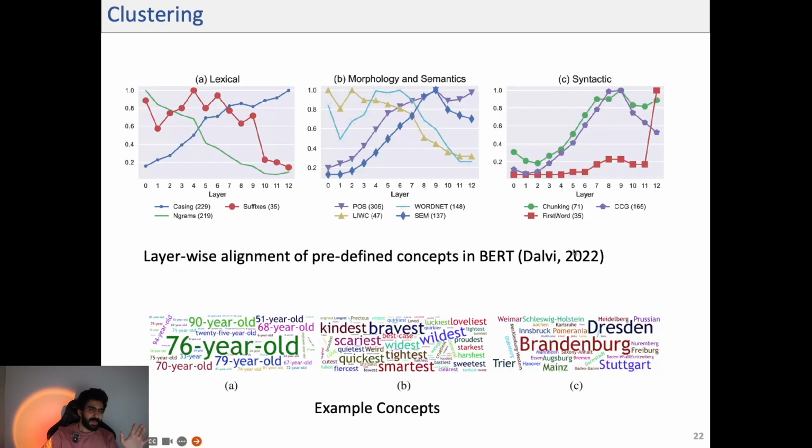These top 3 plots show us something really nice. They tell us what kind of information is learned at each BERT layer. If you look at the first one, the lexicon, how a word looks. In the first plot, we look at surface level features like casing, is it uppercase, suffixes like ing, ed, or n-grams, the short sequences of characters.